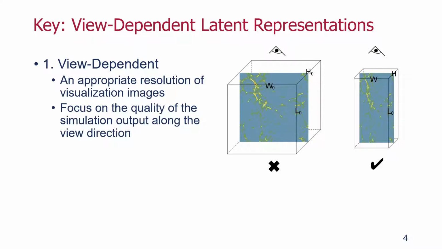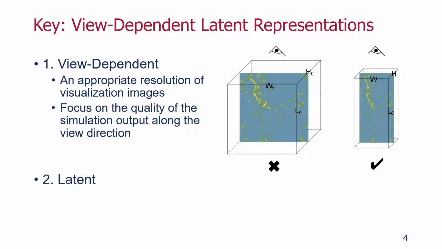Instead, our visualization surrogate may produce output with the desired image resolution, but focus on maintaining the quality of the simulation output along the view direction. It is not hard to imagine that after applying this strategy, there would be some savings for our method.